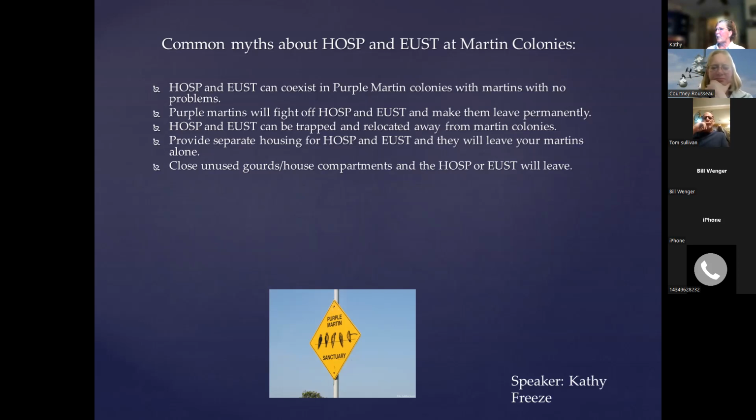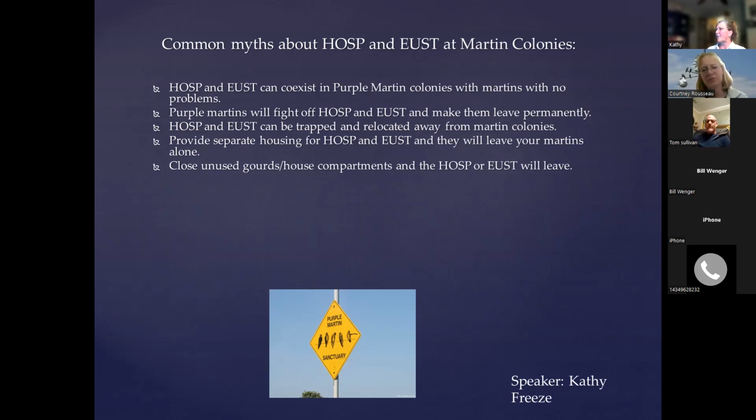What this does when you close unused gourds and house compartments is it causes them to go into the other open compartments, probably where you hopefully have a nesting pair of purple martins. And if you do close all of your compartments before the purple martins arrive, the house sparrows and European starlings will be there the moment you open those cavities.